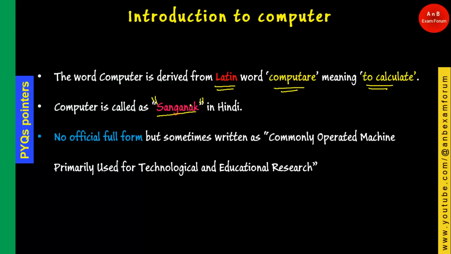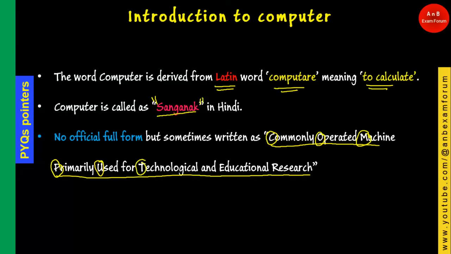Okay, and the next pointer is that it has no official full form, but sometimes in educational institutions it is written as commonly operated machine primarily used for technical and educational research. Okay, C stands for commonly, O stands for operated, M stands for machine, P stands for primarily, U stands for used for technological and educational research.